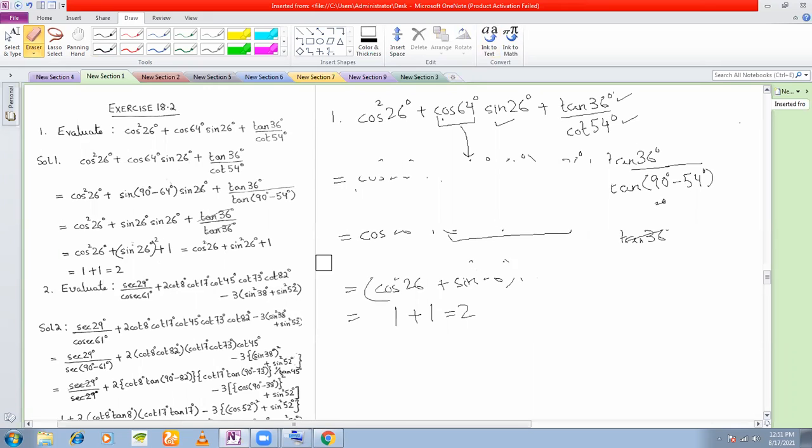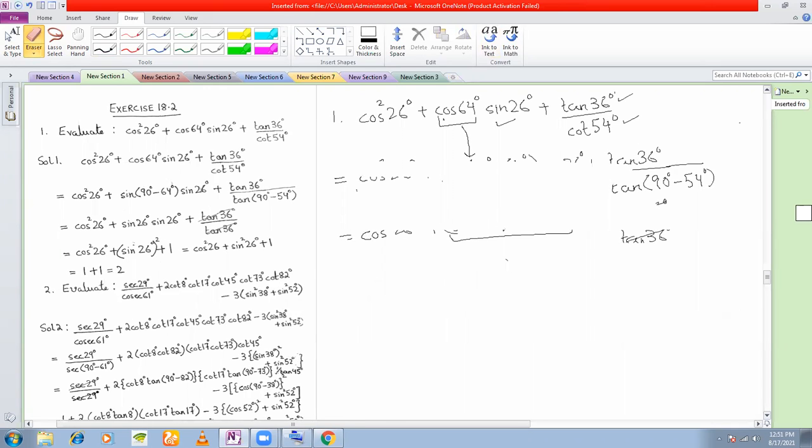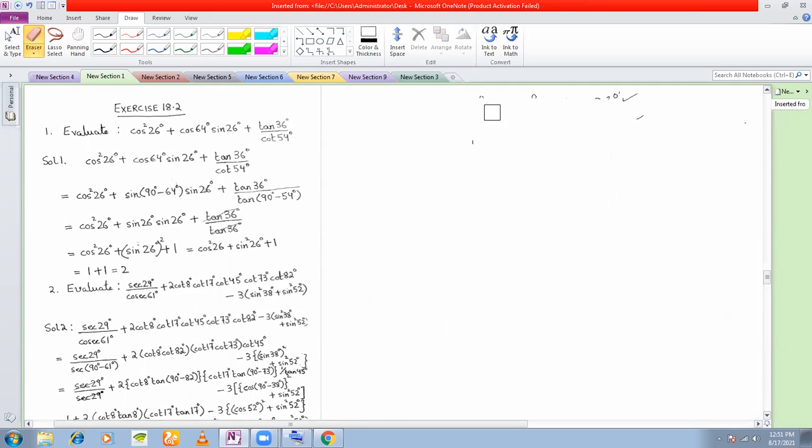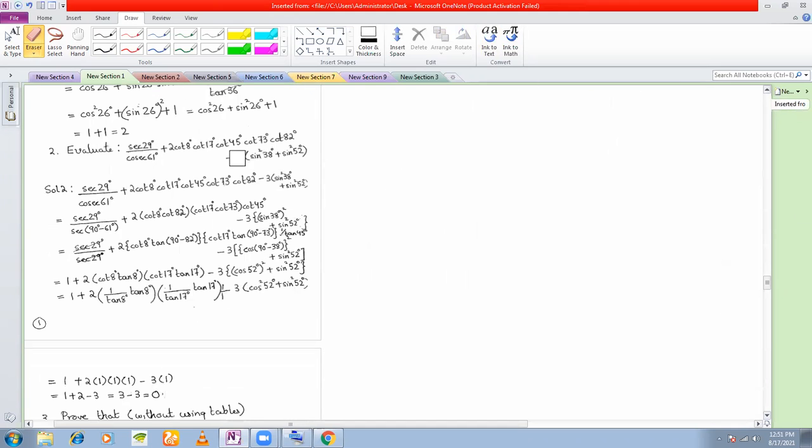Move on to the next one. Number 2. You need to simplify this. Sec 29° divided by cosec 61°. Can you see something in the numerator and denominator? The sum of the angles 29 and 61 is 90°, right? Now look at this.